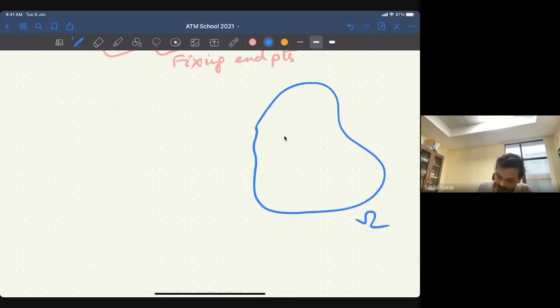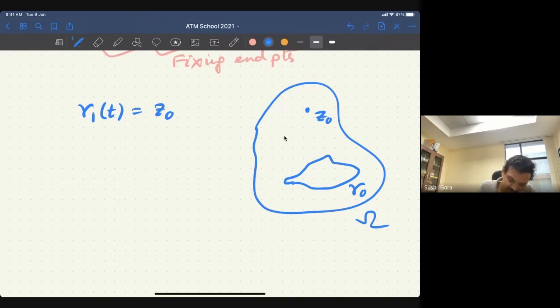This is omega, and gamma naught is this one. And gamma 1 is just a constant curve. So gamma 1 of t is z naught, right? My claim is that gamma 0 is homotopic to gamma 1.